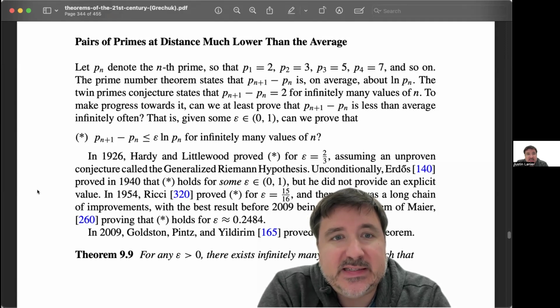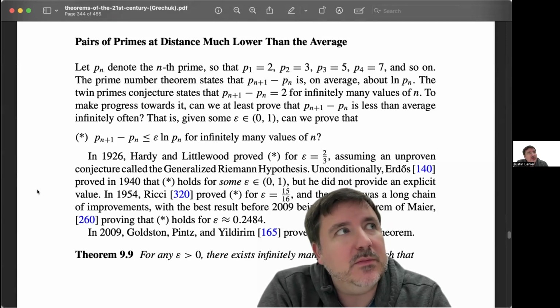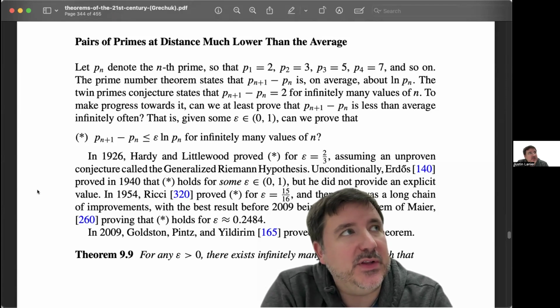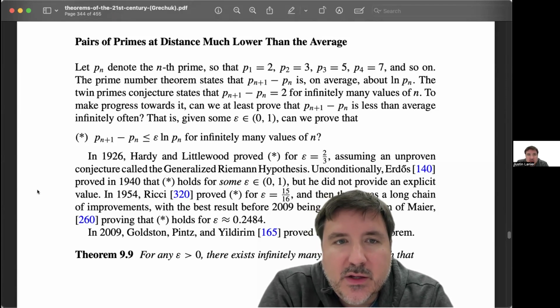We're trying to show that it's less than average infinitely often. Well, I mean, unless it's exactly average all the time, but okay. We'd like to show that this distance is pretty small, a really small number epsilon times the natural log, which makes the number small when you plug it in for infinitely many values of n.